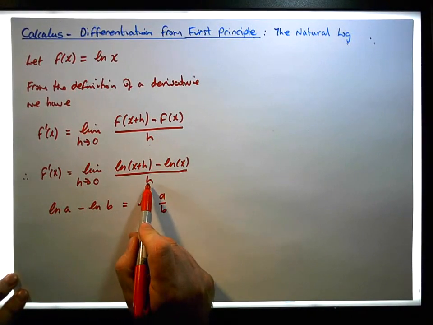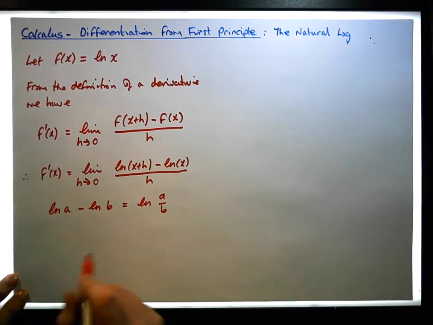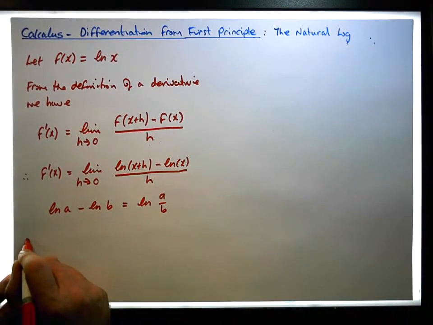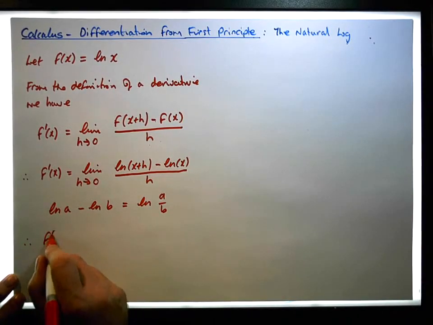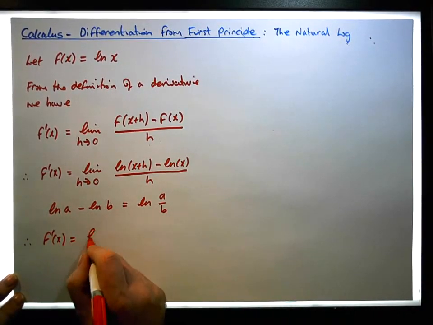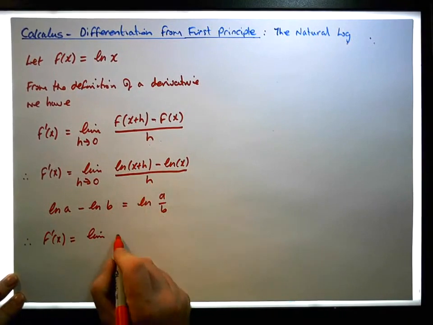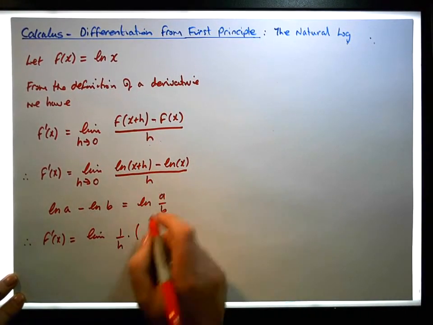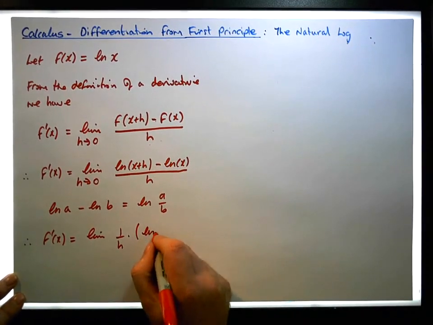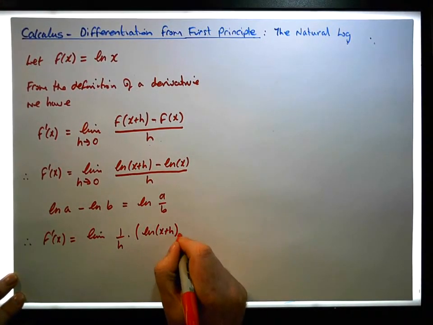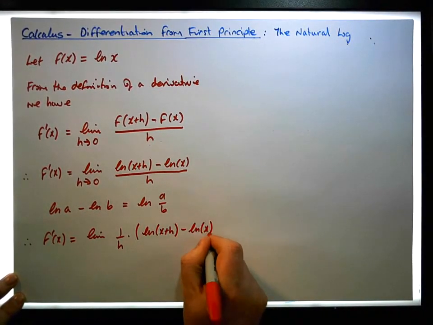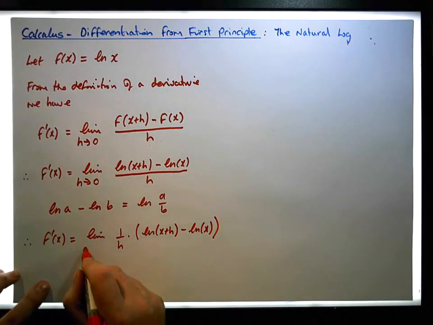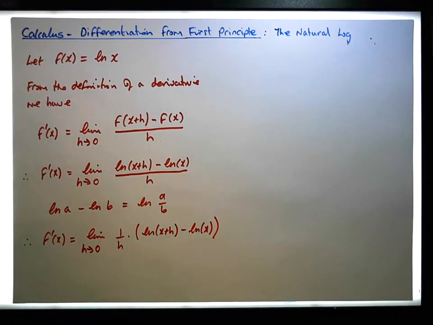But also we can take the h outside here, to make this a little bit tighter. Therefore f prime of x is equal to the limit of 1 over h times the numerator, the natural logarithm of x plus h minus the natural logarithm of x, as h tends to 0.